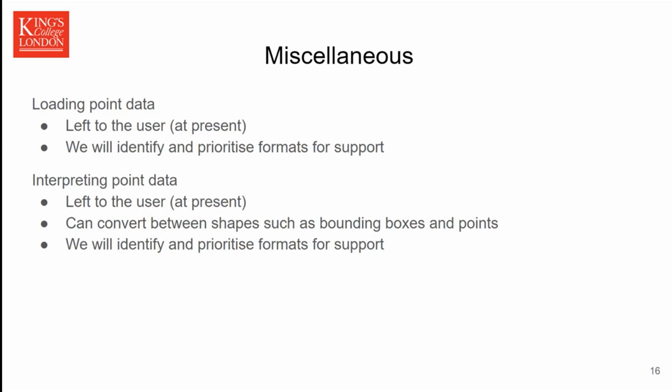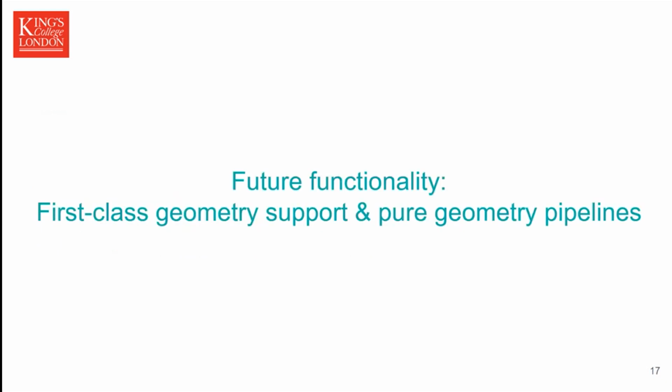Again, we will identify and prioritize interpretations of points that people raise their hands and raise issues to get us to support. So that's 1.4 functionality. That gives us support of hybrid pipelines.